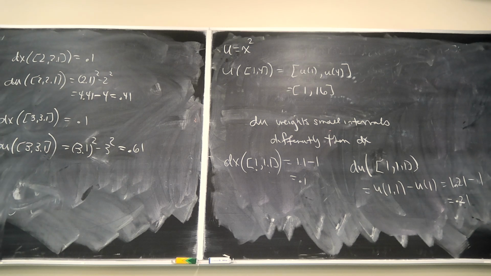So there's a stretching that's happening here. When we talk about distortion in these theorems, what we mean is, in dx, when we make our initial partition, all of the intervals are the same weight. They're all worth 0.1. It just cuts them up. But the change of variables that we've introduced is distorting the size of the interval based on where it is.